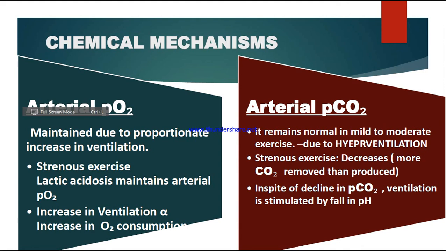So arterial PO2 has to be maintained, and for proper maintenance of the partial pressure of oxygen during exercise, this lactic acidosis and this increase in ventilation are directly proportionate to the increase in oxygen consumption.